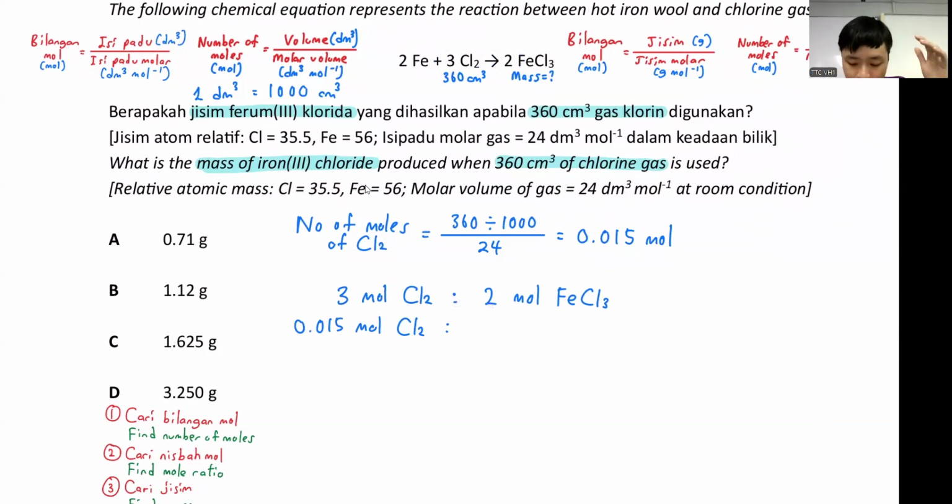Remember, always cross. Cross means you multiply 2 divided by 3. It means you have to do this: multiply 2 divide by 3.